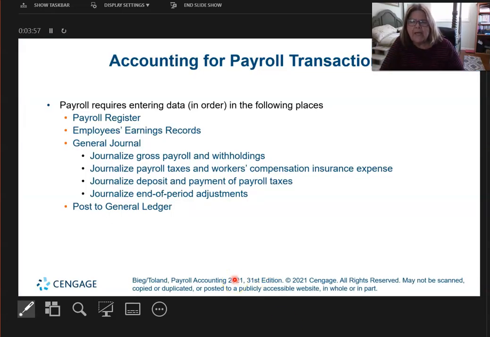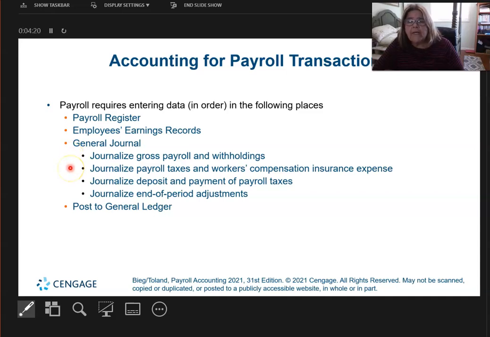So when I account for payroll transactions, I have these registers. I have a payroll register and employees' earnings records. Both of these documents we've already talked about in previous chapters. But then I have to journalize everything. I have to journalize when I pay out payroll, the gross payroll, and everything I withhold.